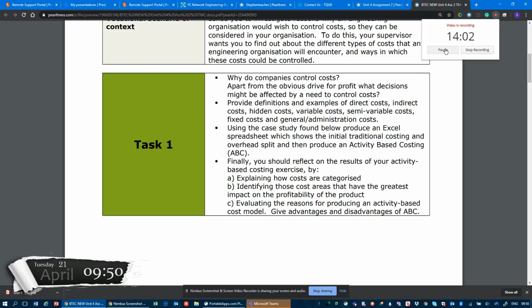Okay, right. Now I'm going to stop recording there, and that's going to be the first lesson. So your task is to use the Moodle and obviously the rest of the internet and research and answer why do companies control costs, what decisions might be affected by the need to control costs, and provide definitions and examples of all those types of costs.